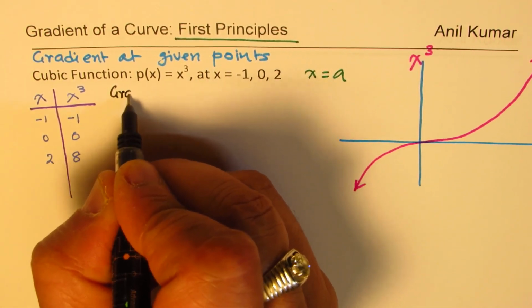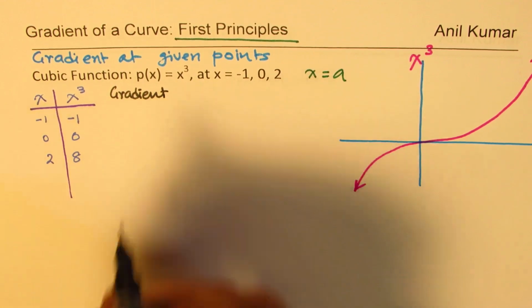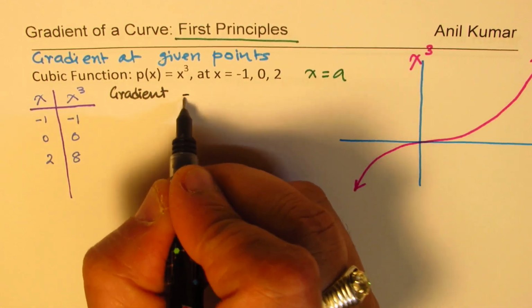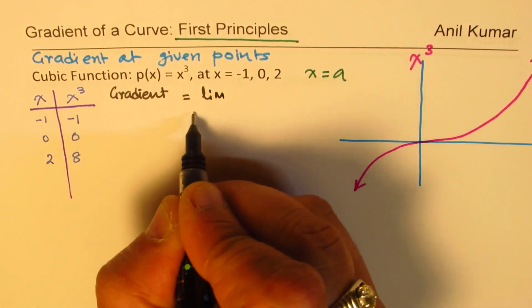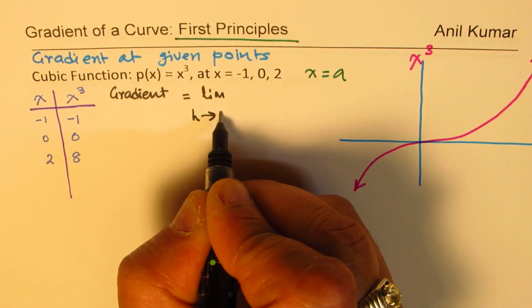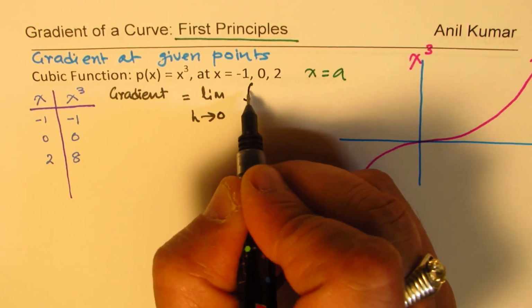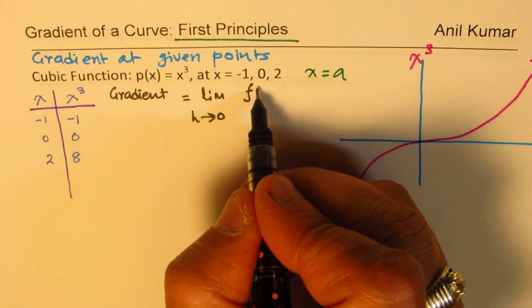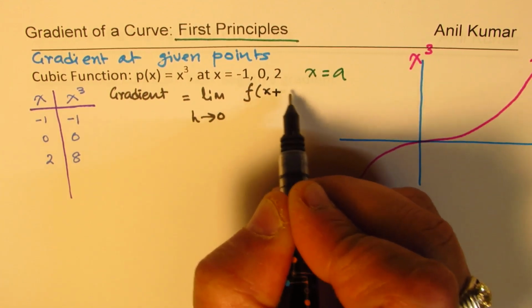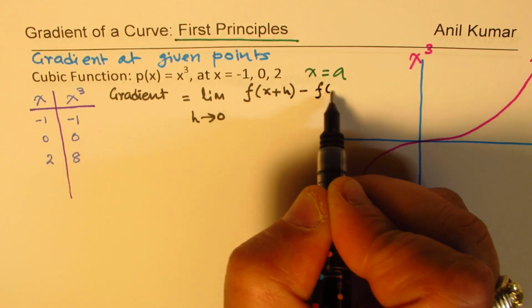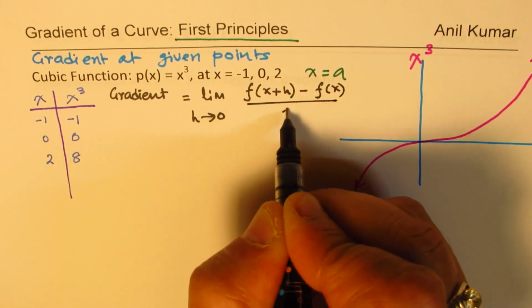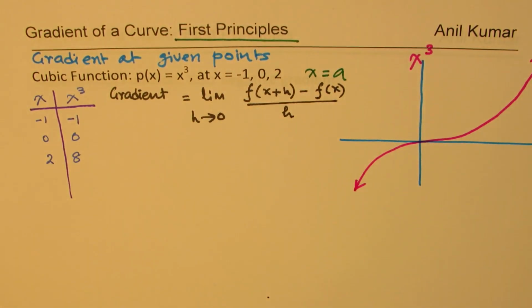We are saying gradient is basically equals to the limit h approaches 0 for the change of value of the function f of x plus h minus f of x over h, correct? So that is first principle.